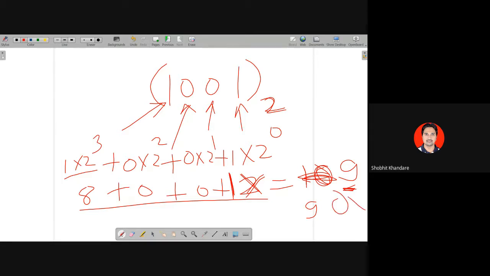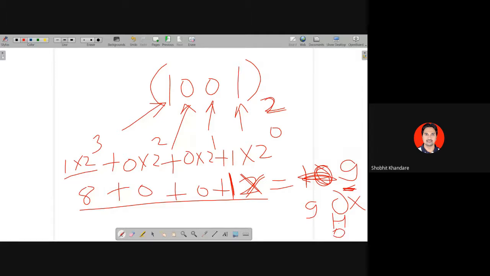What about the hexa? Yes, the range of hexadecimal number is from 0 to 9 and A to F. So yes, it can be hexa. What about the decimal? The decimal symbols range from 0 to 9. So you have a 9, so it can also be a decimal number.